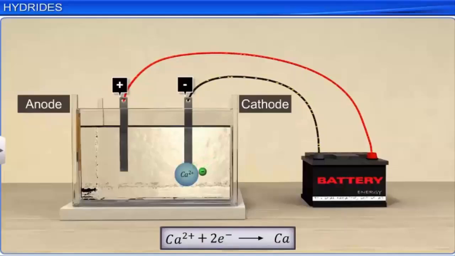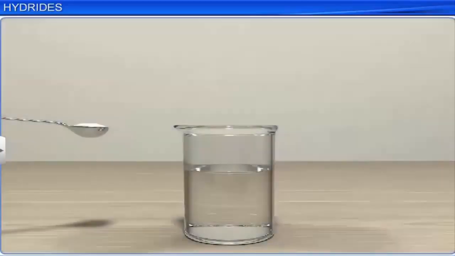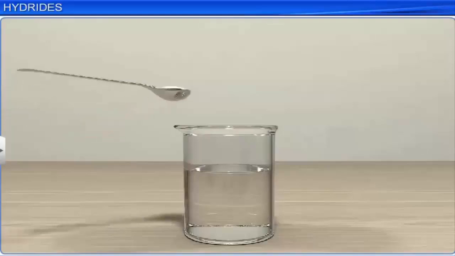Ionic hydrides react vigorously with water to liberate dihydrogen gas. For example, sodium hydride reacts with water to give sodium hydroxide and hydrogen gas.